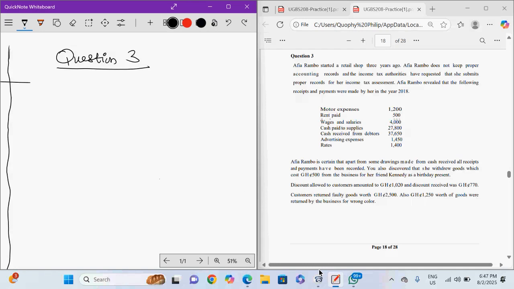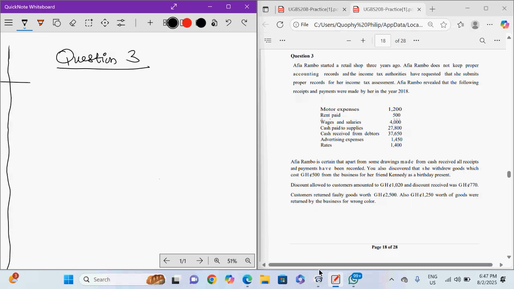Ancome revealed that the following receipts and payments were made by her in the year 2015. Motor expenses, in thousands. So what makes this question a single entry and incomplete records? The statement: she does not keep proper accounting records.